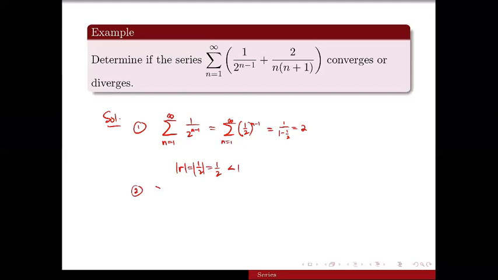Number 2, we have the series 2 over n times n plus 1, from 1 up to plus infinity. But this is just what? We can bring out the 2 here. So we'll just have the sum of 1 over n times n plus 1, from 1 up to plus infinity.